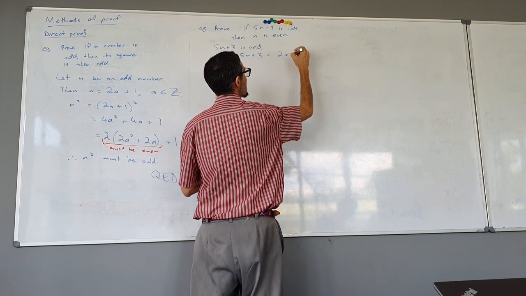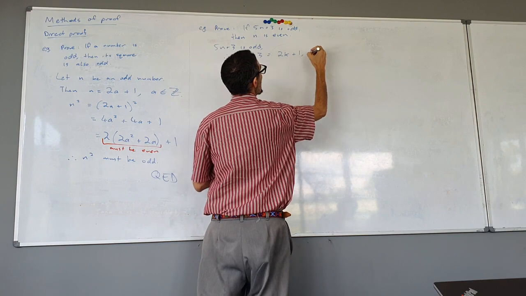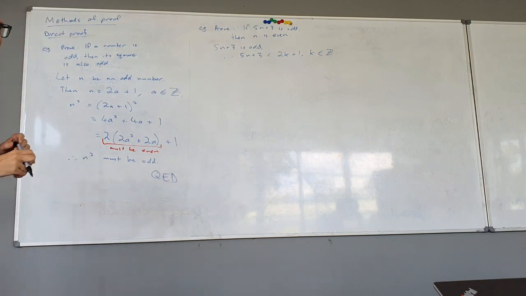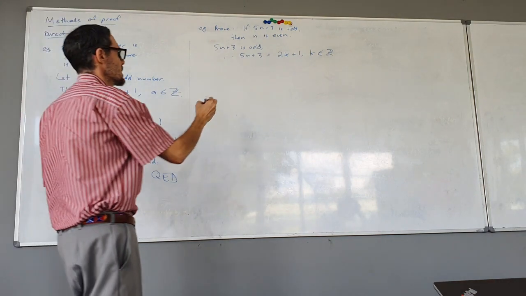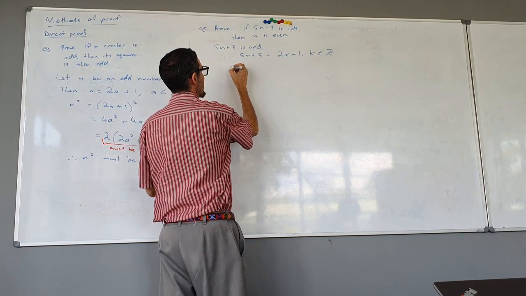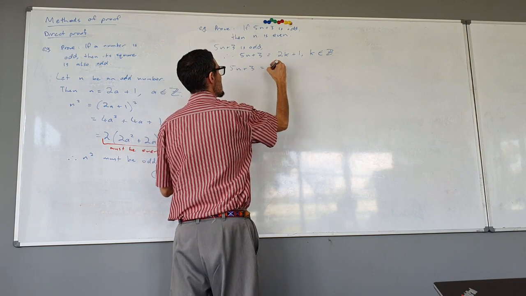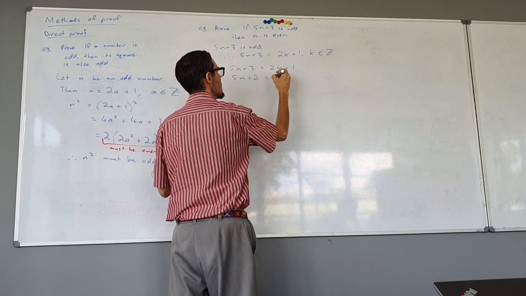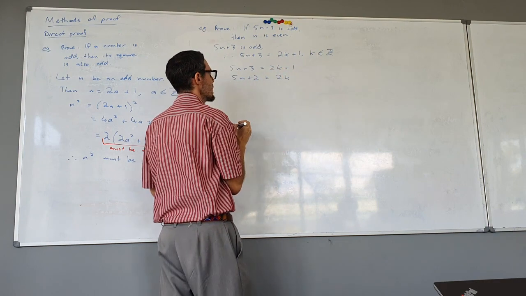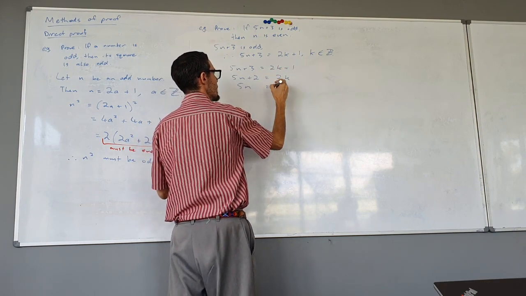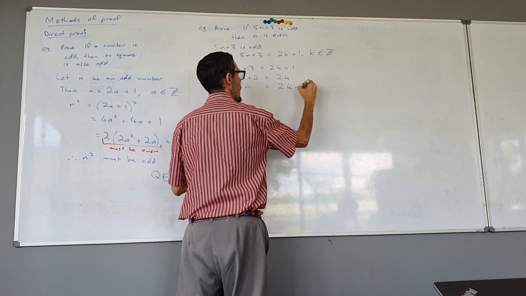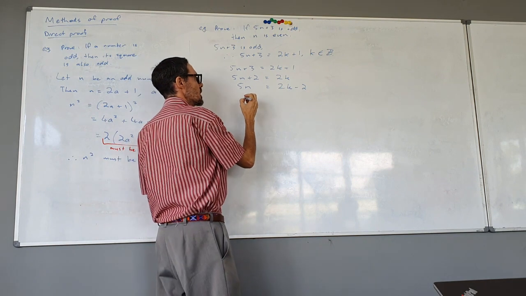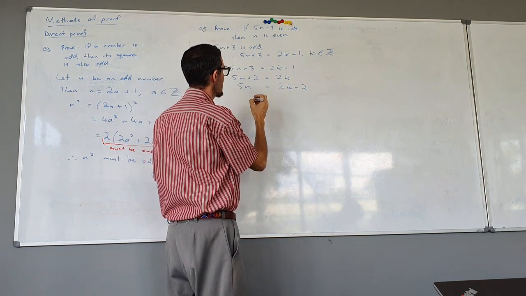I'm going to use k actually. 2k plus 1, where k is an integer. So what do I know? 5n plus 3 is 2k plus 1. 5n plus 2 is 2k. So 5n is even, so n is even.